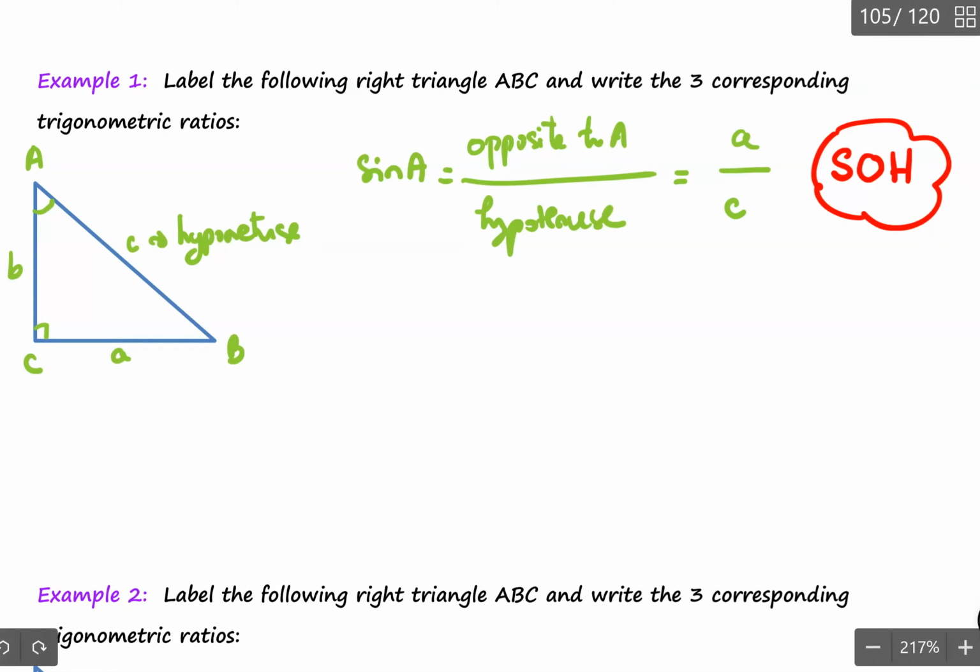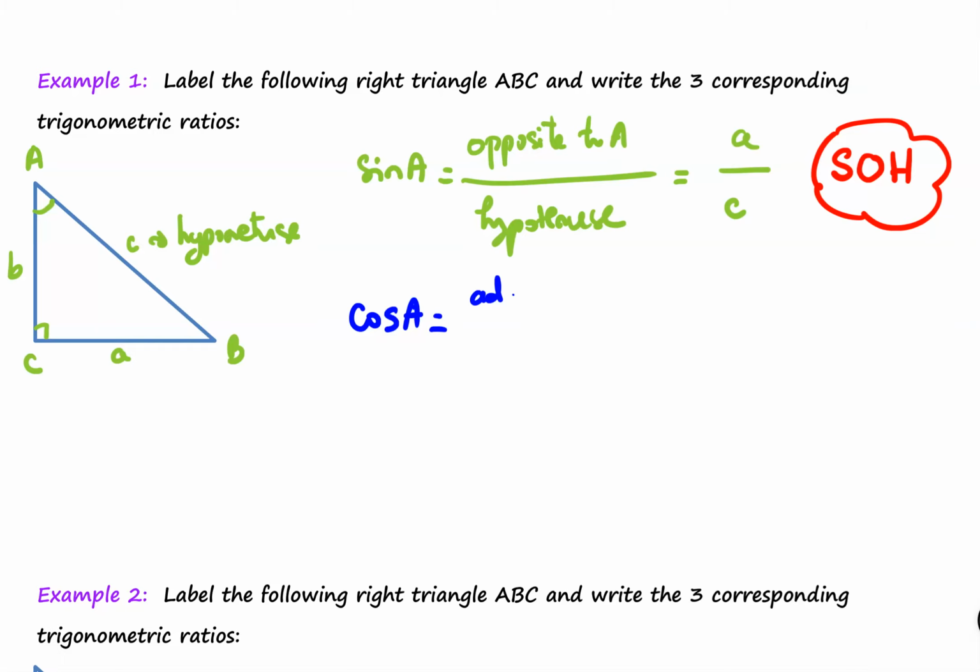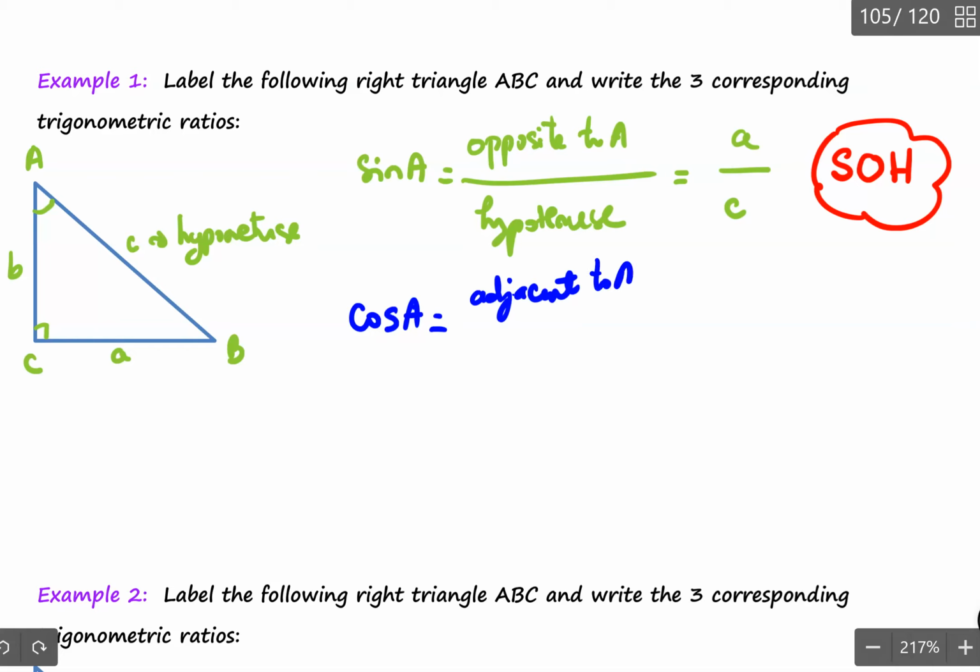The next one I want to write is cos of A. So what is cos of A? Cos of A is adjacent to A over the hypotenuse.